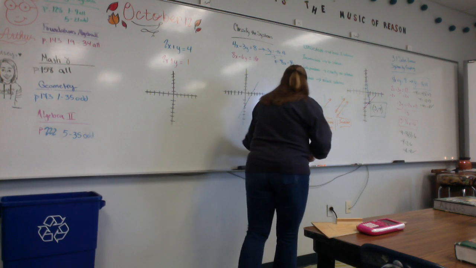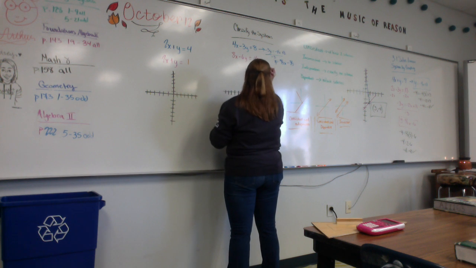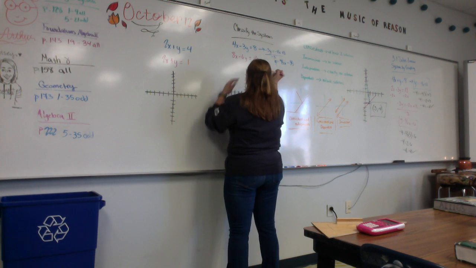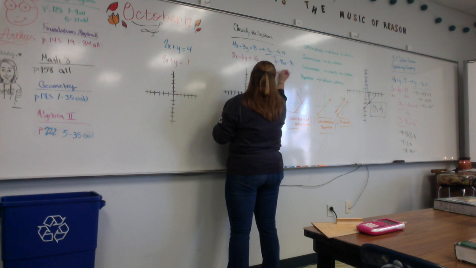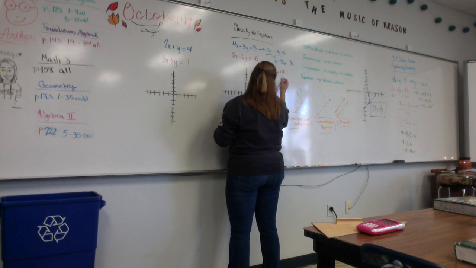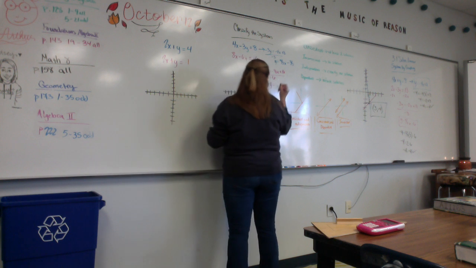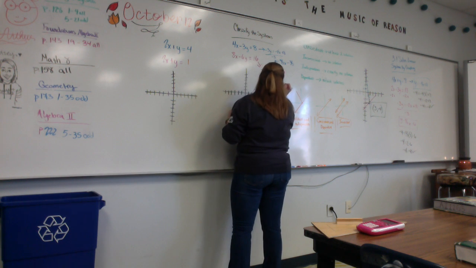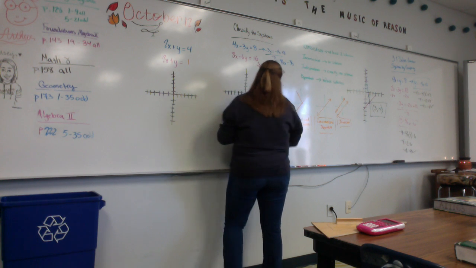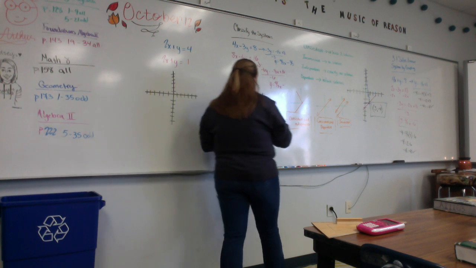Now, let's change this pink graph. The pink graph would say negative 6y equals negative 8x plus 16. I divide by negative 6, and y equals 8 over 6, which reduces to 4/3, right? And then 16 over negative 6 reduces to negative 8/3.